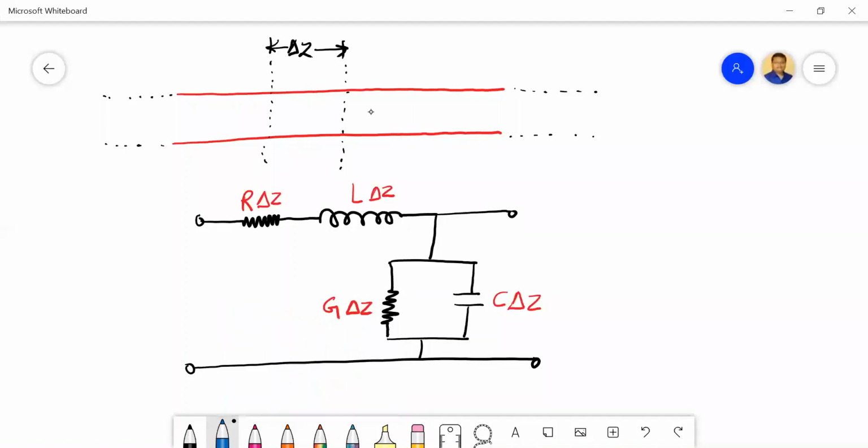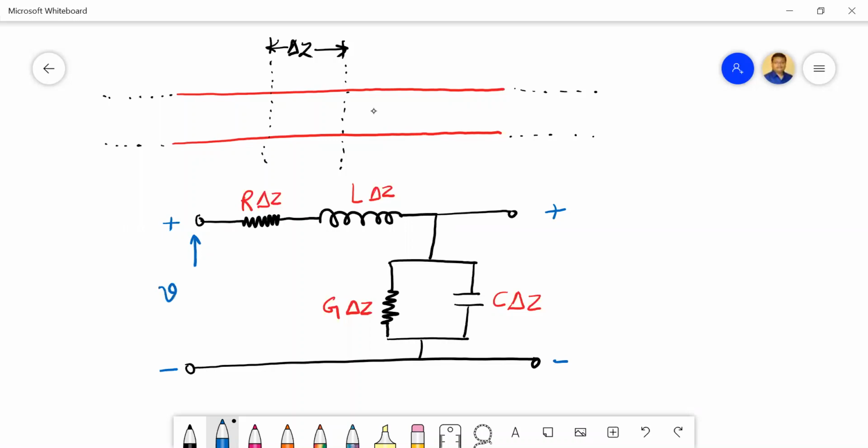Once we have the circuit, it is better to mark the voltages and currents. I would say here the voltage waves and the current waves. This would be better because we are dealing with electromagnetics. Then we converted the things into a lumped model. So definitely you can say voltage and current, but voltage wave and current wave I think is more justified. So let us define here the terminal voltage waves like this.